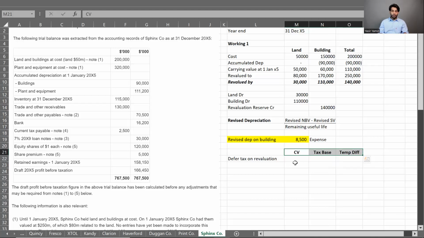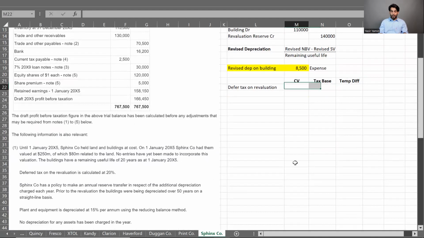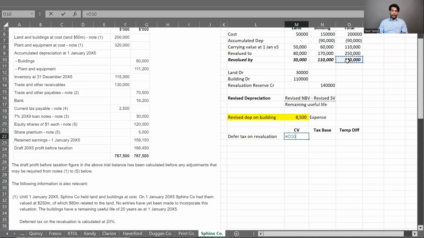Now, carrying value. As a result of revaluation, our carrying value has been increased by 140,000. But the tax base would not have increased due to any revaluation, because tax people do not know about revaluation. Hence, there would have been a difference between our carrying value and tax base.